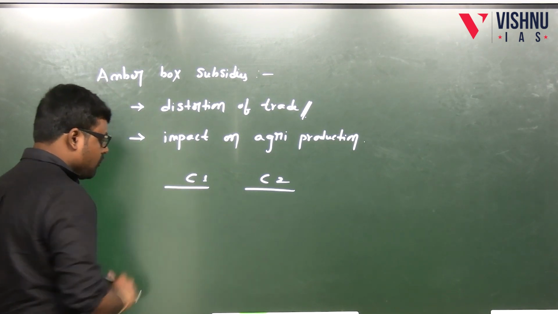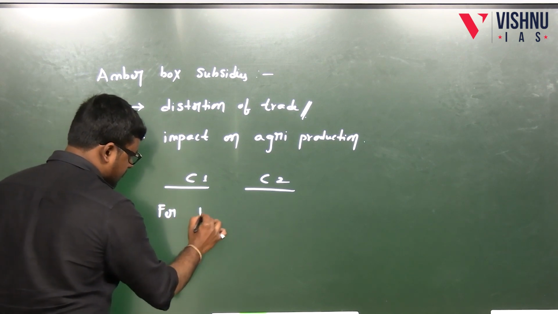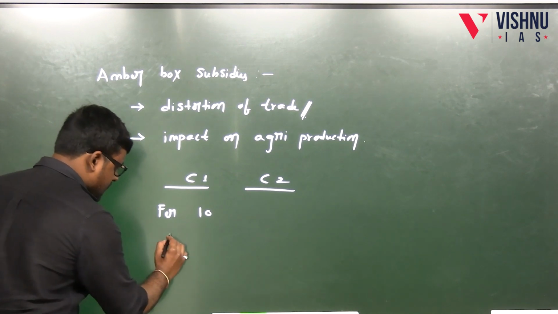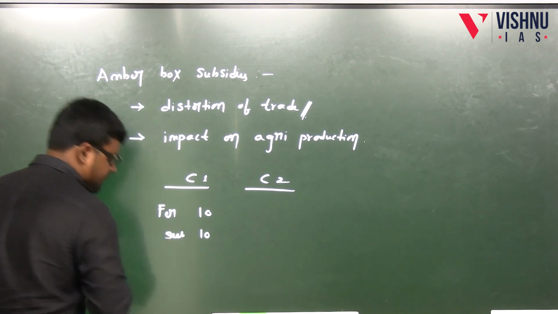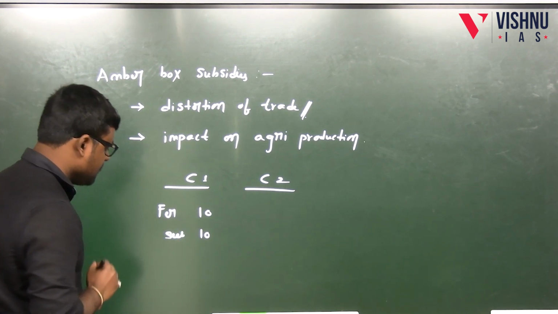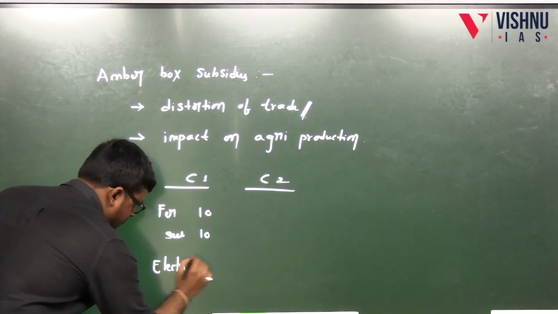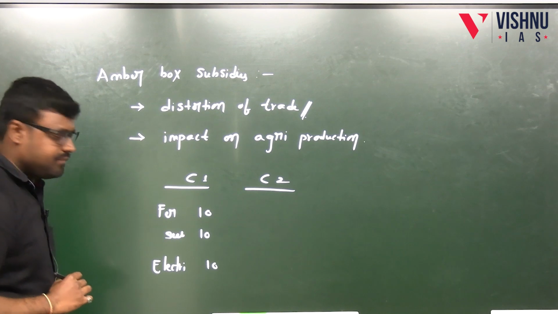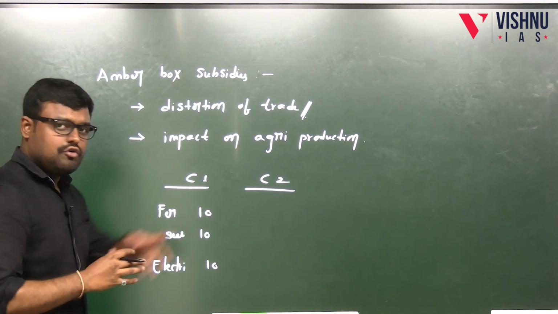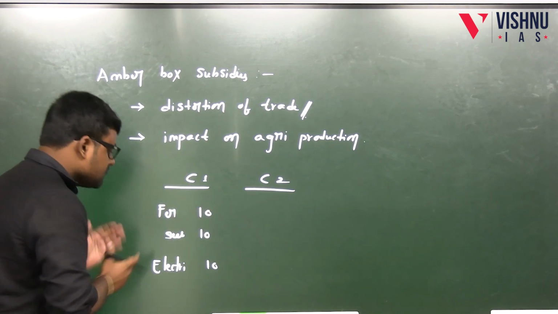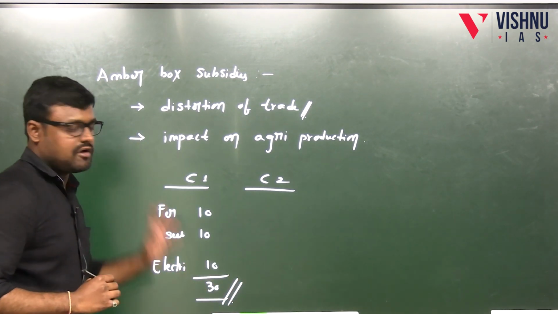For producing that output, he is paying, let us take 10 rupees for the fertilizers, 10 rupees for the seeds, and for the electricity, 10 rupees. Let us take these are the only inputs used by the farmer to produce the agricultural output. So this is total how much? 30 rupees. So this is the cost incurred by the farmer.